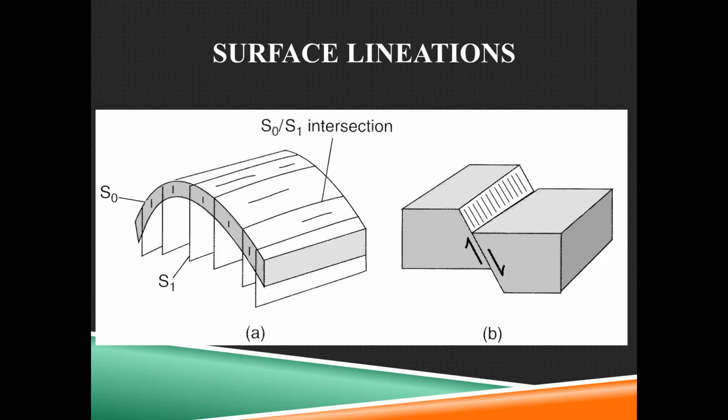If the block had moved sideways and down at the same time, we would have seen the lines at some angle, giving us, again, the sense of total motion. If it had been a scissor fault, there would be some curvature to them, showing us the scissor motion. So this is, if they're clearly visible, a really easy way to determine the basic sense of motion on a fault block.